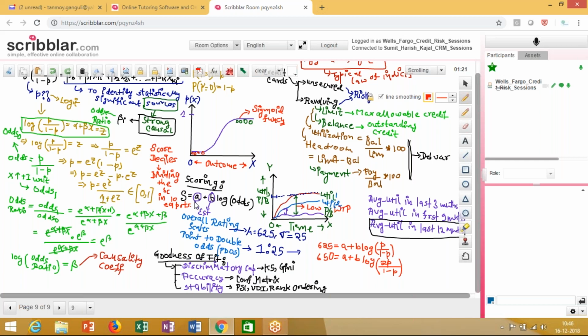So the first decile should contain the highest number of observed bats. As you move from the first decile to the second decile, the number of observed bats should reduce. In the third decile, it should reduce further. Like this, when you come to the 10th decile, you should get very few or no bats.